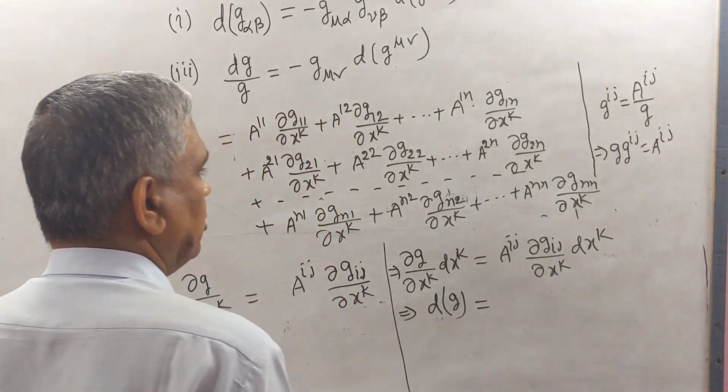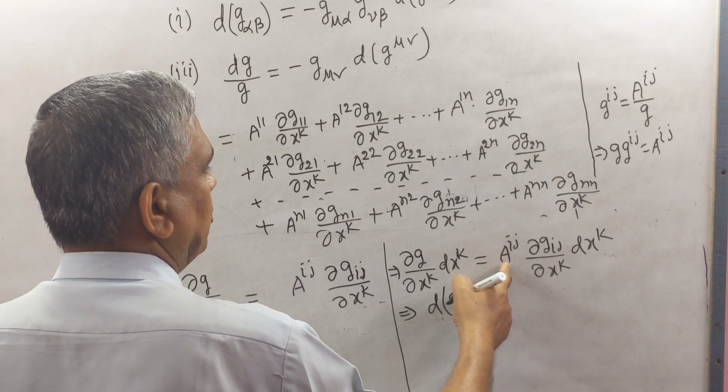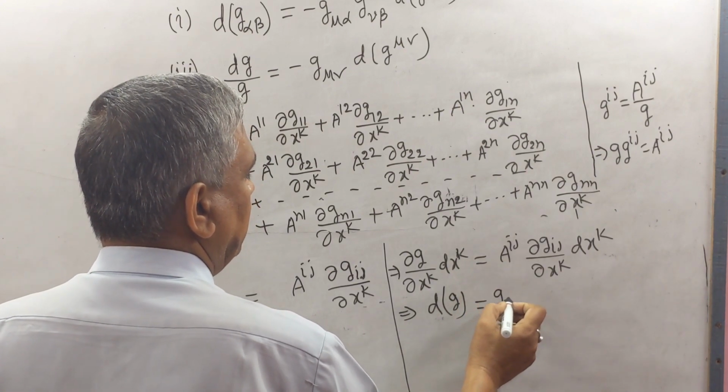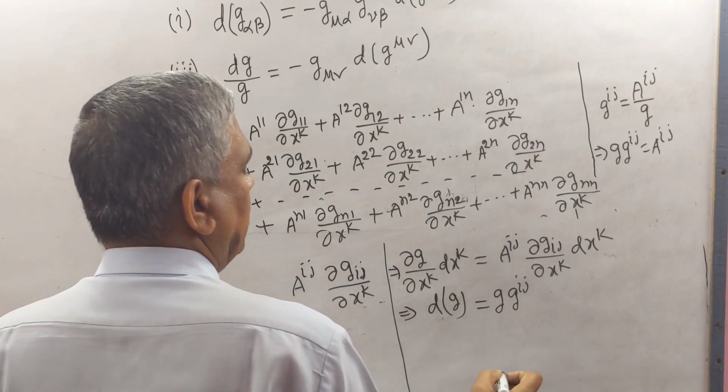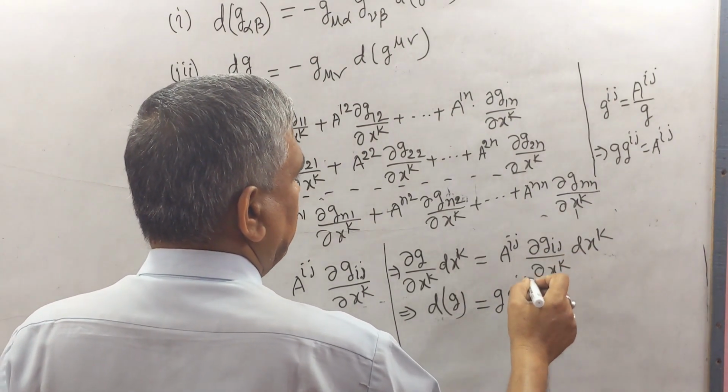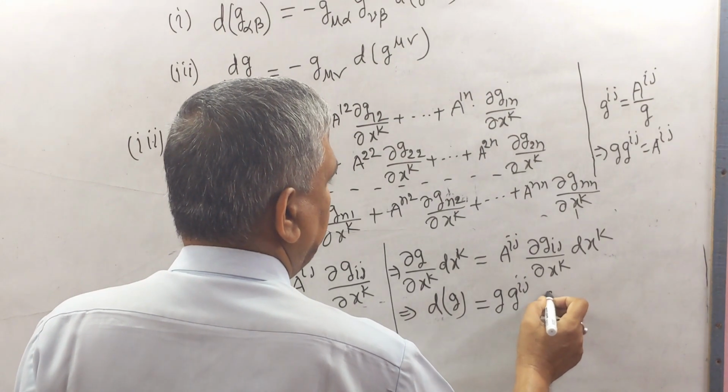Putting this value here, we get g g^ij and this will be dgij.